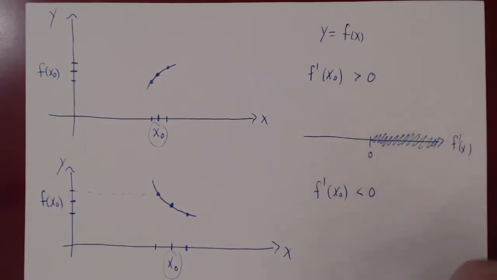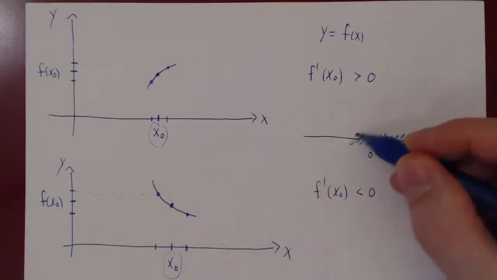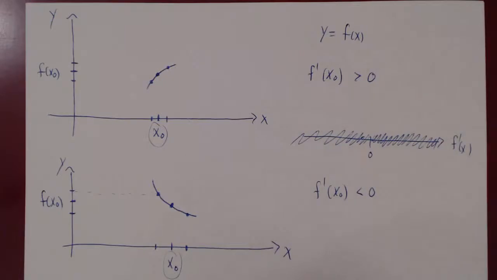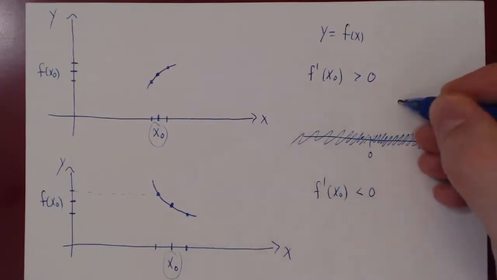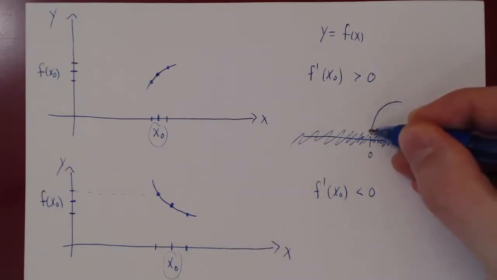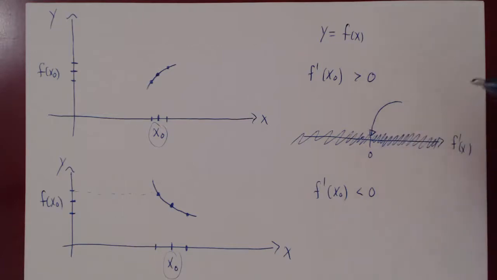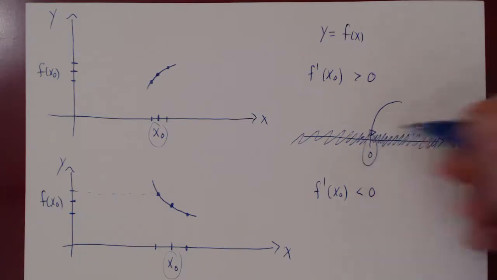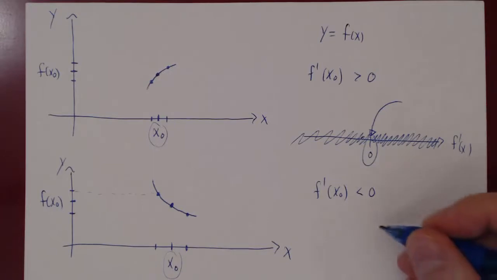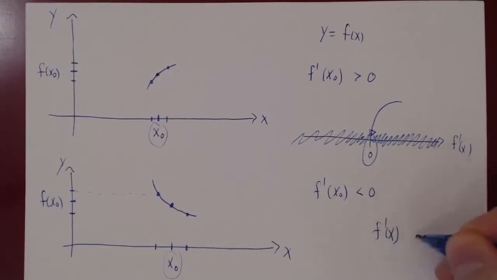A negative derivative will give you neither a max nor a min, so we have to reject negative values as well. So the only possible value, if the derivative exists, that may give a max or a min is when the derivative is 0. But the derivative could also be undefined. That's also an option.